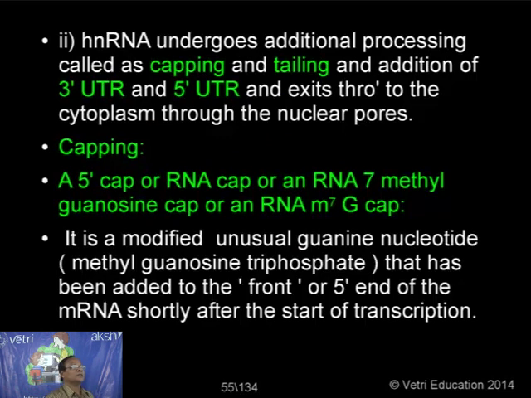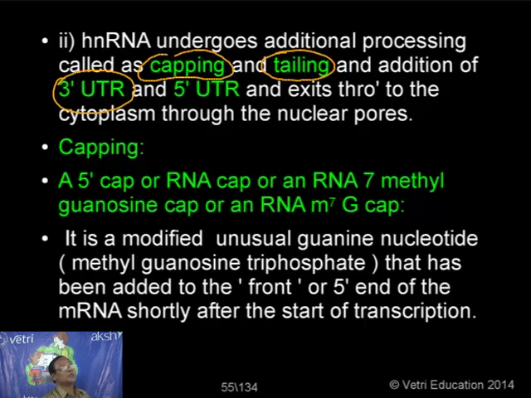Another event under complexity number 2: the heterogeneous nuclear RNA has to undergo additional processing, in addition to the splicing process. Hence, they are called additional processing, namely the capping process. Another one, the tailing process. Along with addition of 3-UTR. The letters UTR refer to untranslated regions.